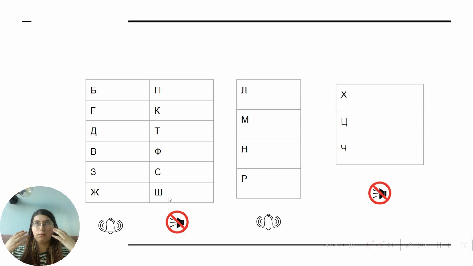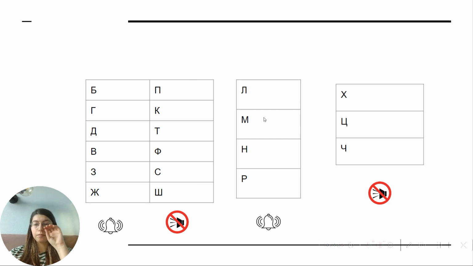If you just try to notice the way you pronounce those consonants, you will realize that the difference between these voiced and voiceless consonants is that you put a different amount of air through your mouth. But actually the mouth movement is the same for b and p, g and k, d and t, v and f. So sometimes b becomes p, g becomes k, z becomes s, especially at the ends of words.